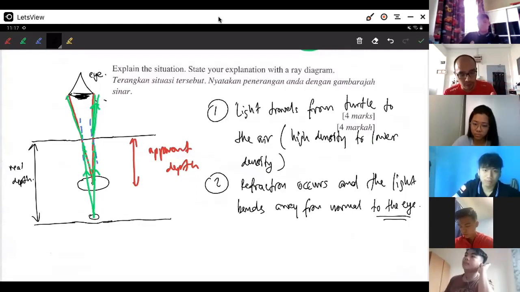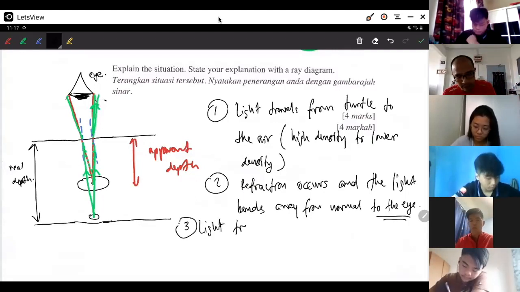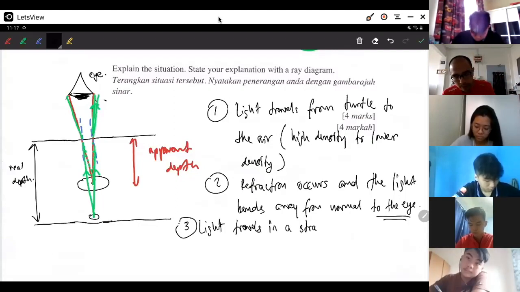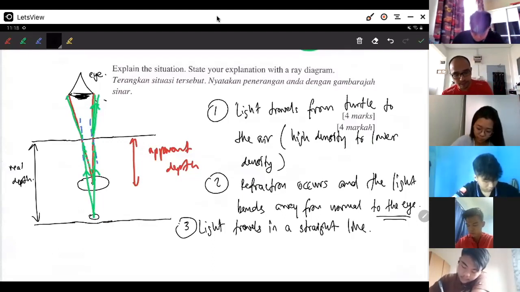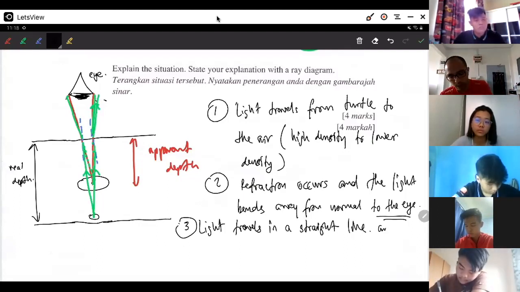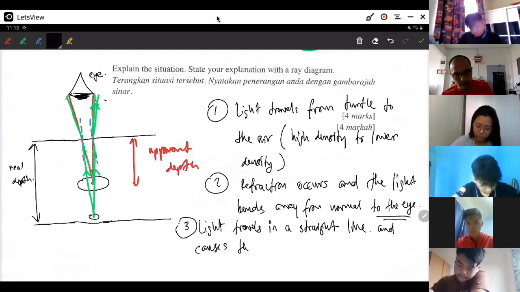Cuma in real depth, apparent depth, the third one: light travels in a straight line, and that causes the image to appear.